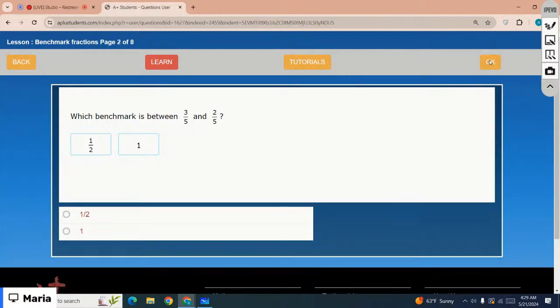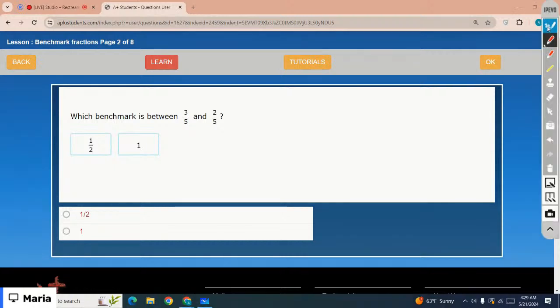Which benchmark is between 2 by 5 and 3 by 5? The one that is between 2 by 5 and 3 by 5 is half.